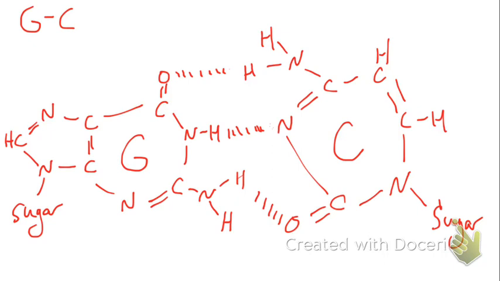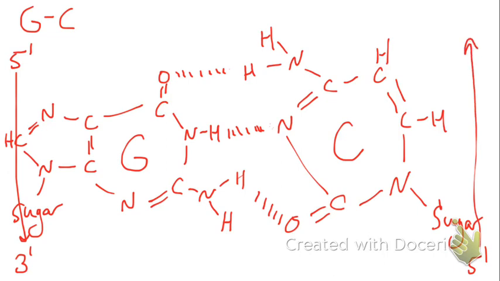So a GC base pair is a lot stronger than an AT base pair. And the reason is because of the number of hydrogen bonds. What we also see is the directionality that nucleic acids have.